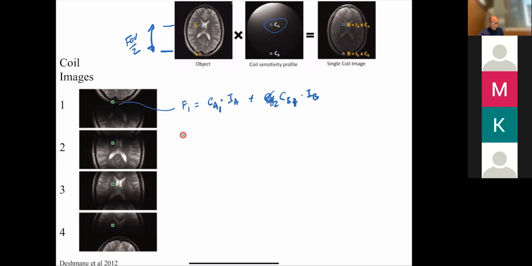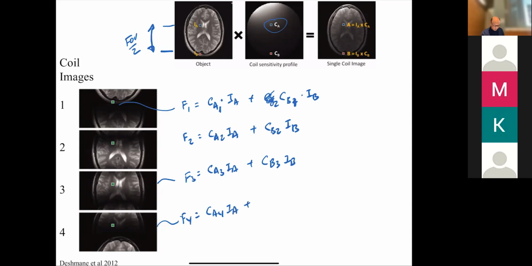Okay. And now that I've got that, the rest should be easier. I have F2 equals CA2 IA plus CB2 IB, right? And you see where this is going. F3 equals CA3 IA plus CB3 IB. And F4 equals CA4 IA plus CB4 IB.